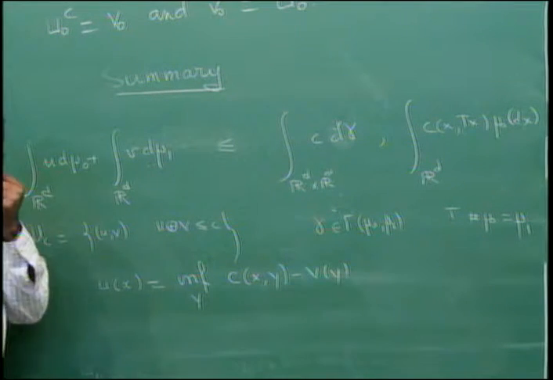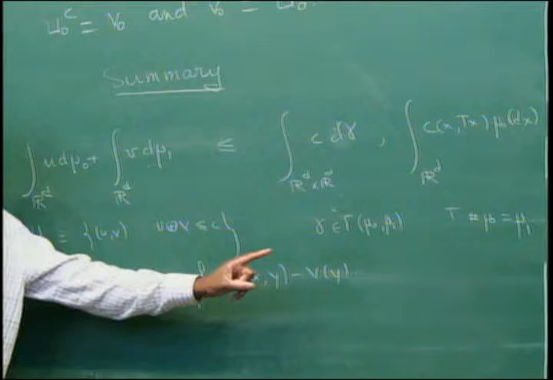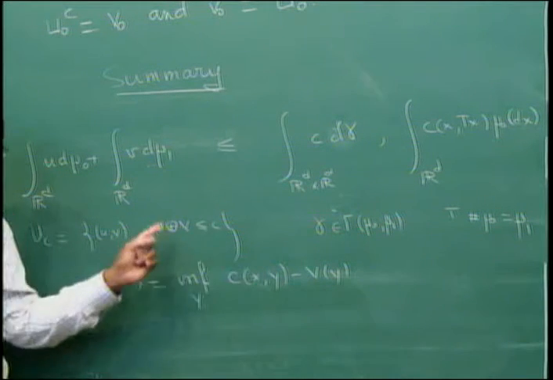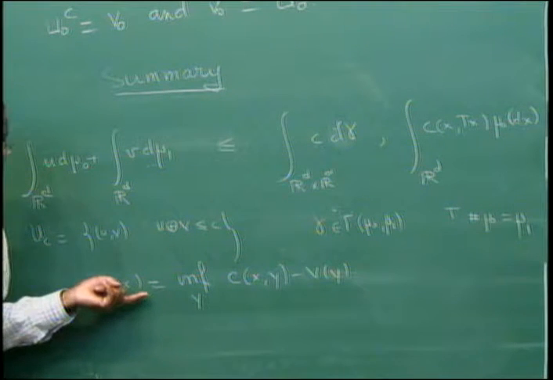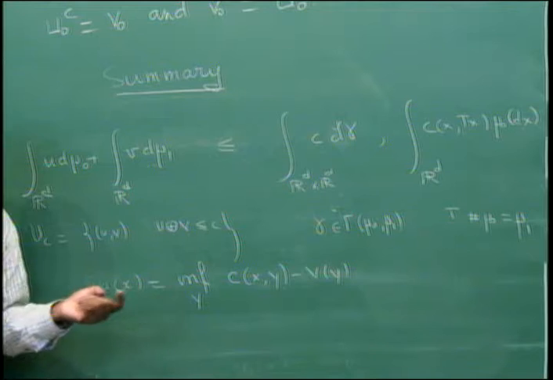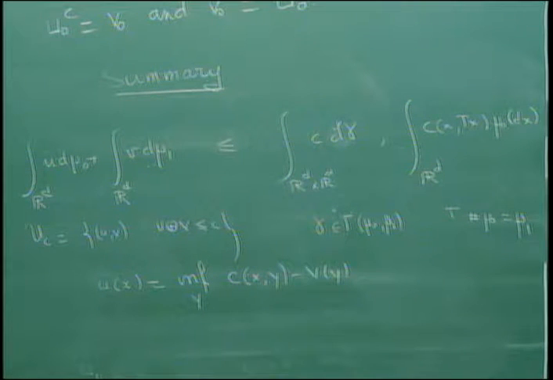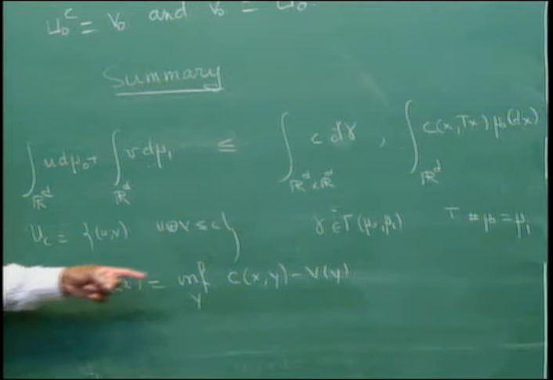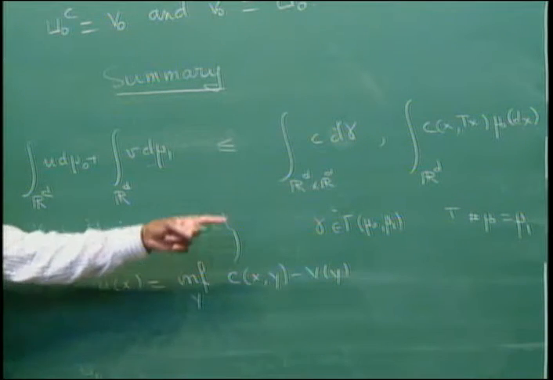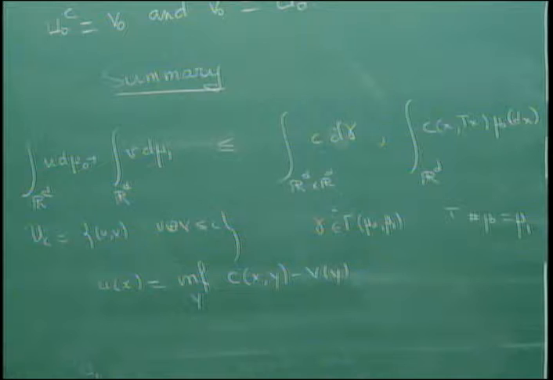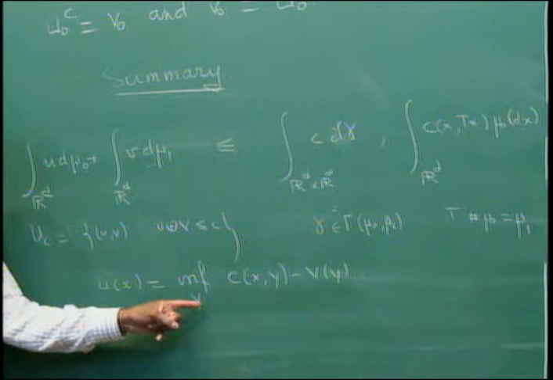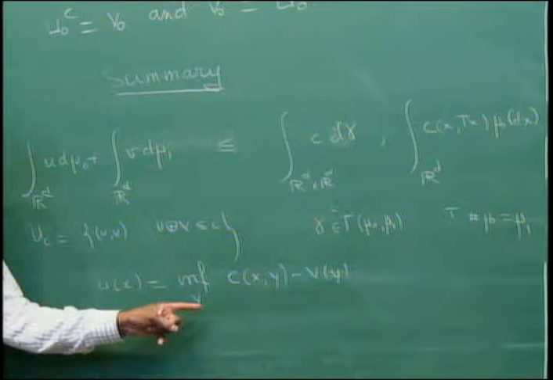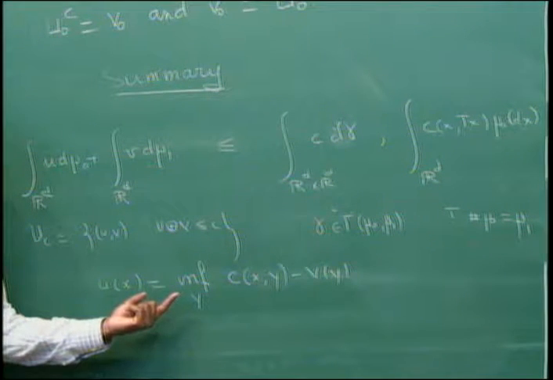So given V, the largest function U for which this inequality holds is U given by that. Any other U will be smaller than or equal to that. So the extreme points satisfy some regularity property in the sense that they are locally Lipschitz. But when I am doing this, if I minimize over R^d, I will not have that this is Lipschitz.